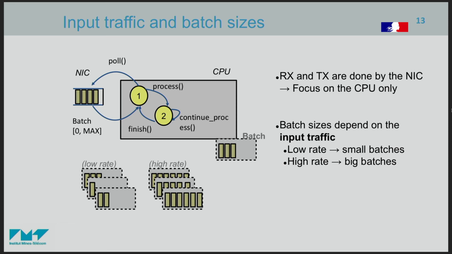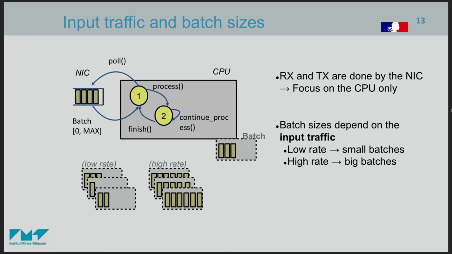For instance, at very low rate, it is very likely that your network interface card is empty, and so your batches are likely to be small. And in a high rate scenario, on the opposite side, you have large batches. So this is just an idea of how you can make an educated guess via the knowledge of the underlying system.